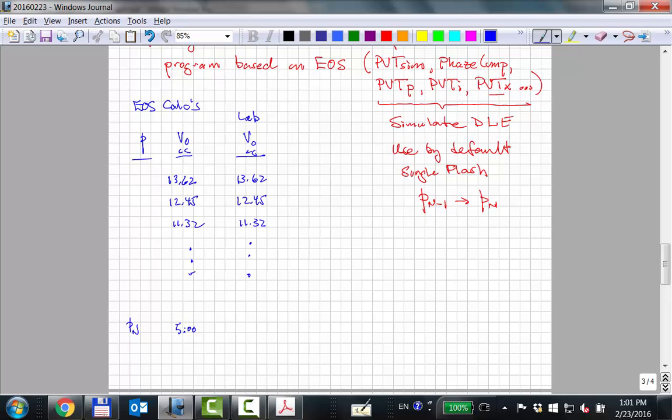Okay, we get 5.00 cc's because it just does this flash down and gets 5, and this one gets 6 cc's because of the bleeding process. Okay? This is bleeding, and this is a flash.